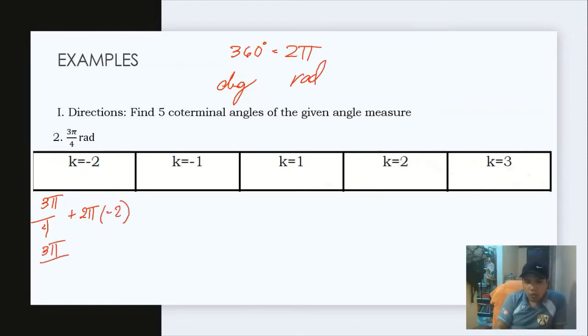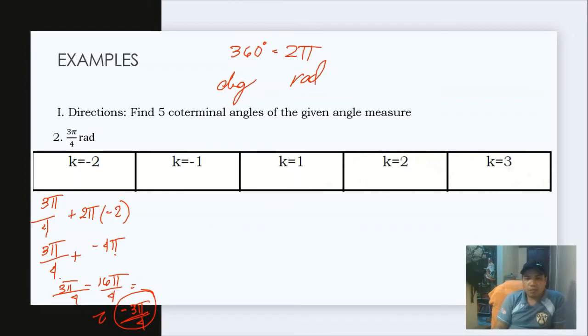So 3 pi over 4, this will be negative 4 pi. Negative 4 pi, pag 4, pwedeng 16. So 3 pi minus 16 pi over 4. Kaya, ang sagot ay negative 13 pi over 4.